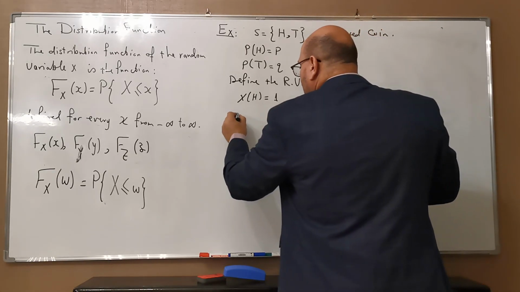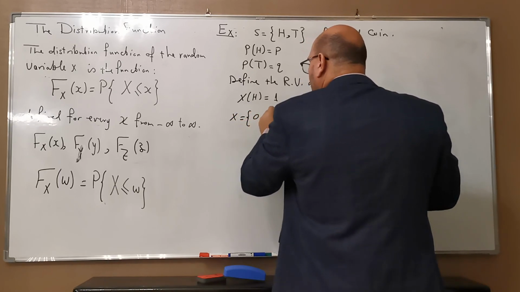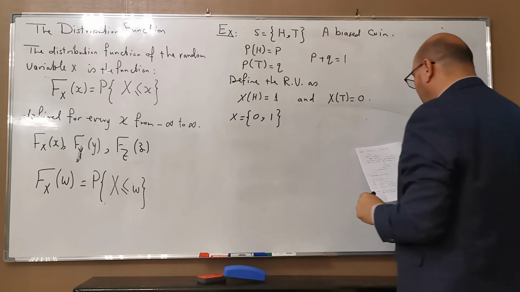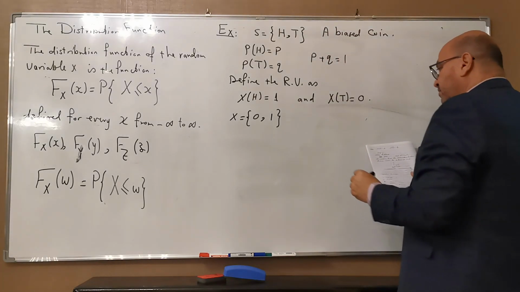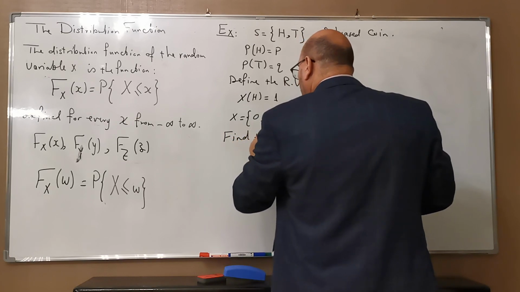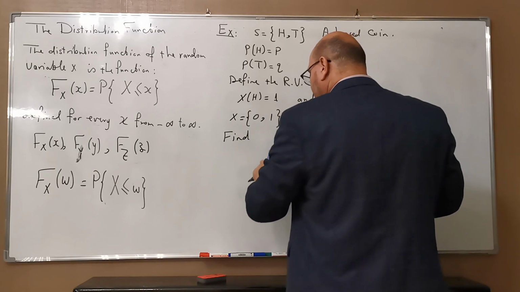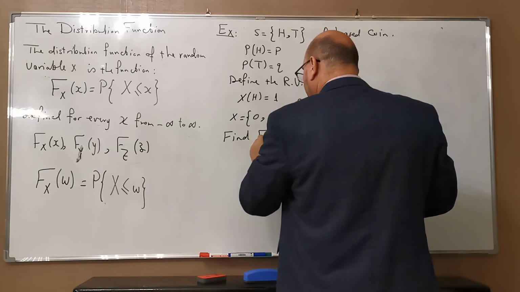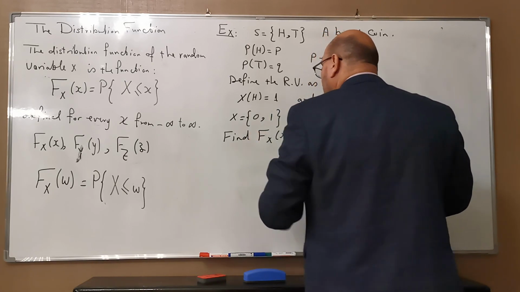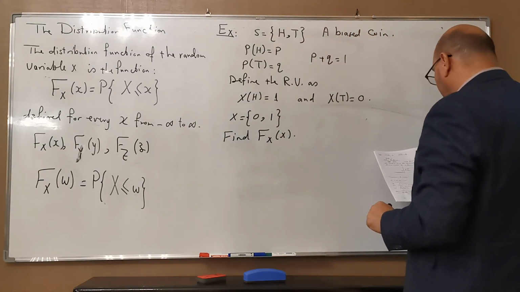So we have x equal to 0 and 1. So you have only two values. Find fx of x, which is the distribution function.